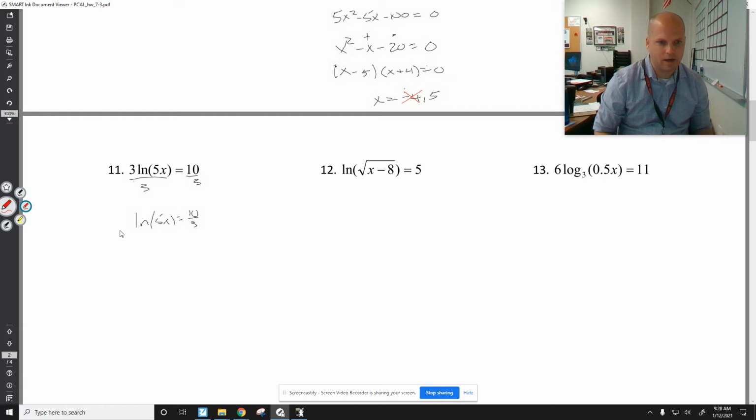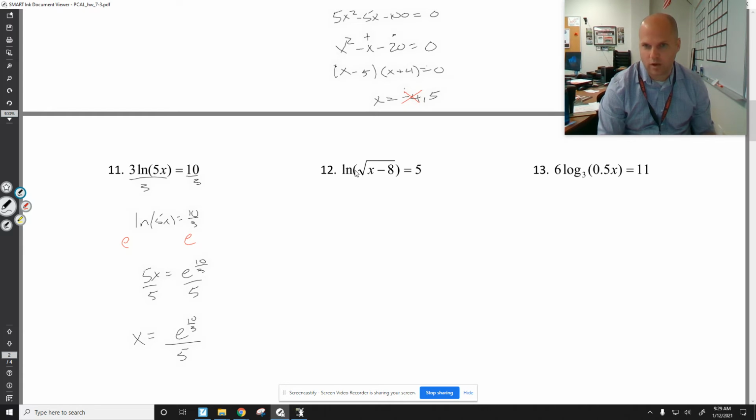I would take e to the power of both sides to get 5x equals e to the 10 thirds. Then I'd finish off by dividing by 5. Now, you want to probably try to simplify this, but you can't. This would be the exact answer. You'd get a decimal if you plug this into your calculator.